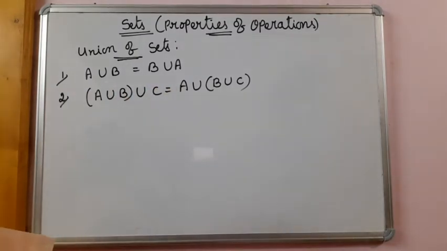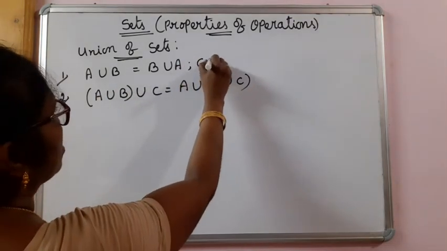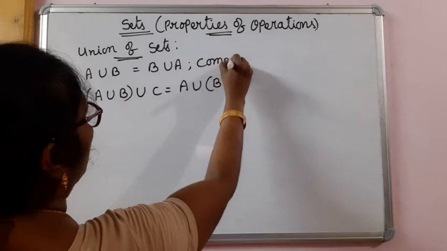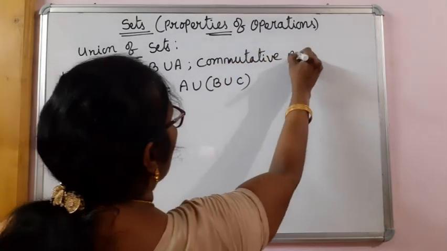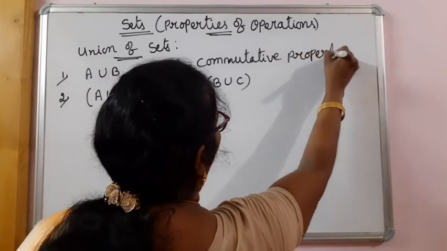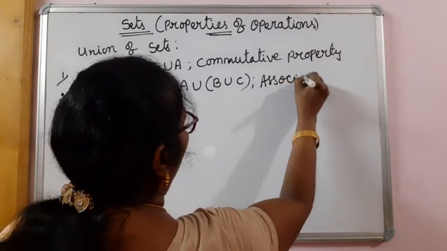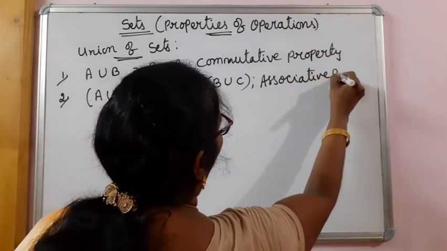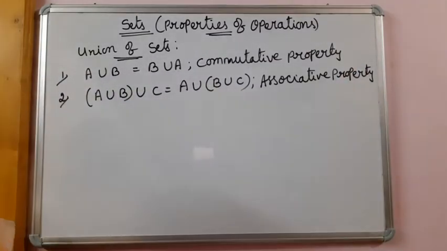That is said to be the associative property of union of sets. The first one is the commutative property, and the second one is the associative property. Already you have learned the commutative and associative properties of addition and multiplication.